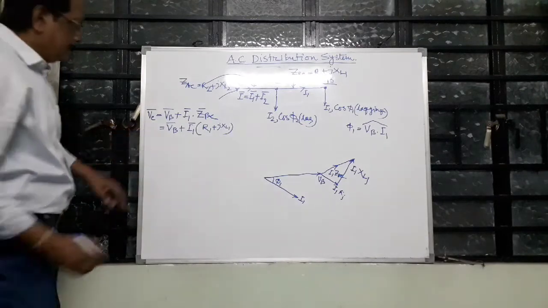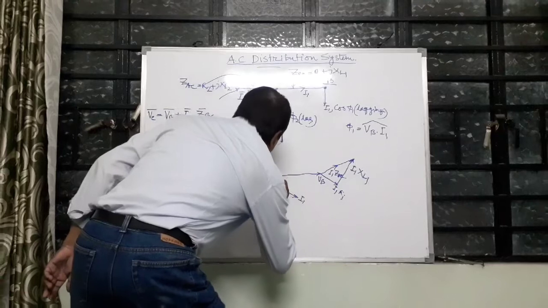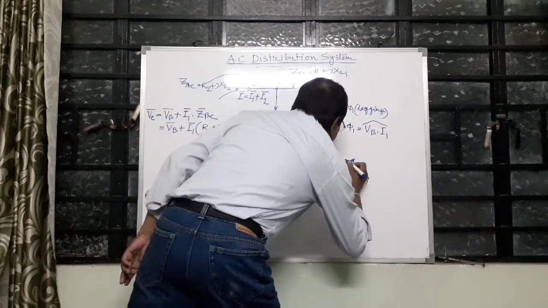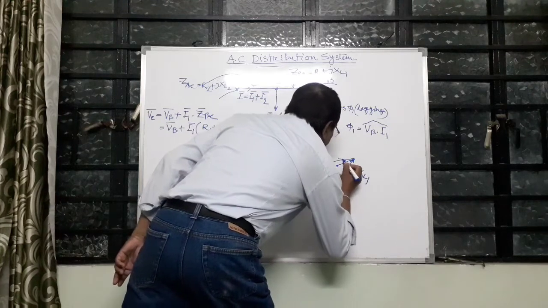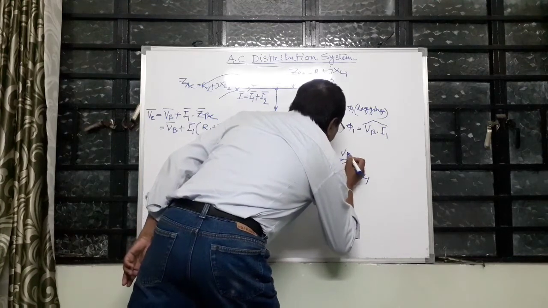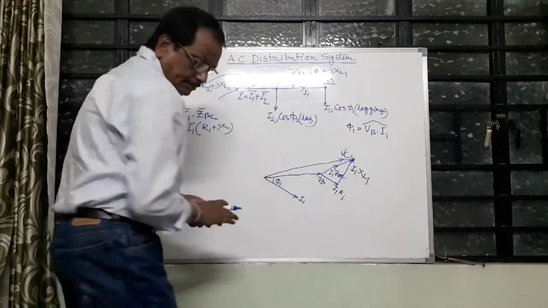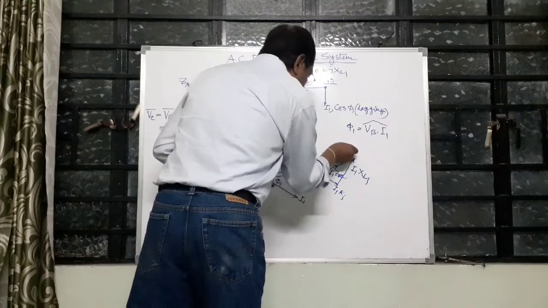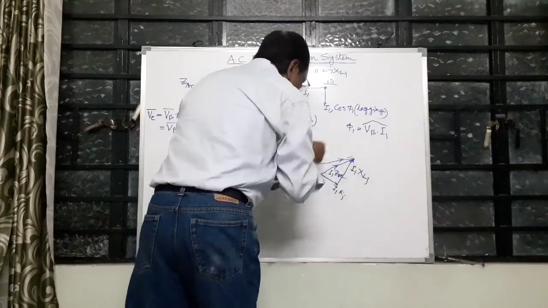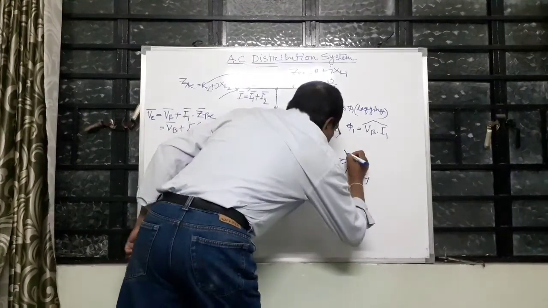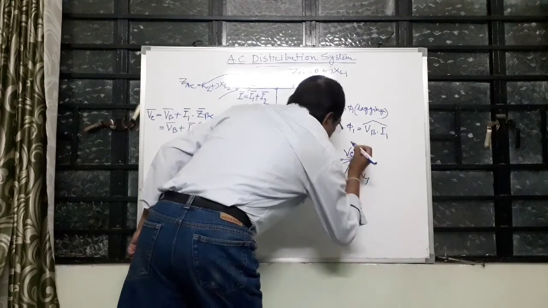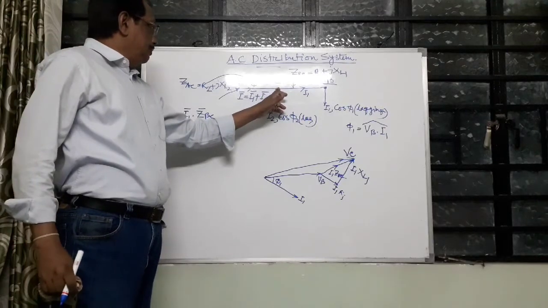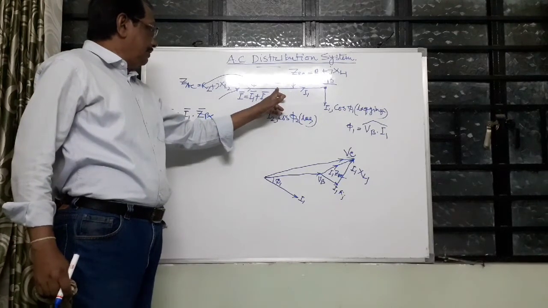Now VC is the resultant of these, and this is VC.